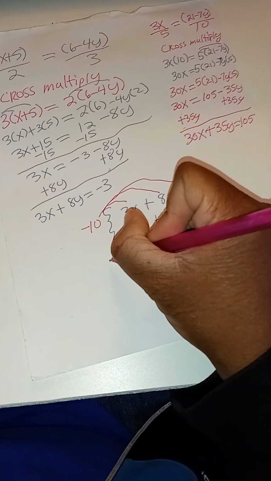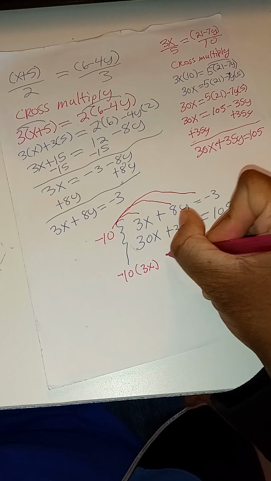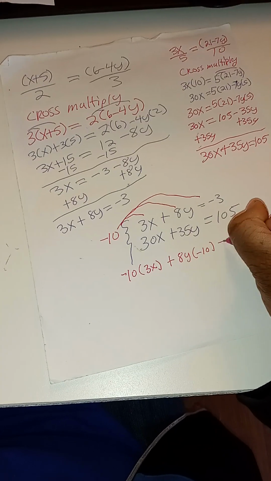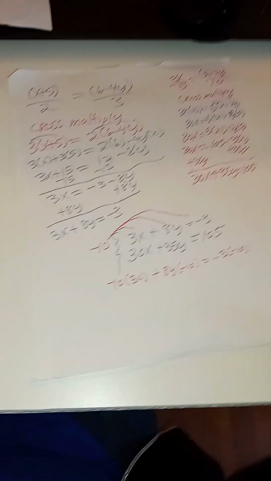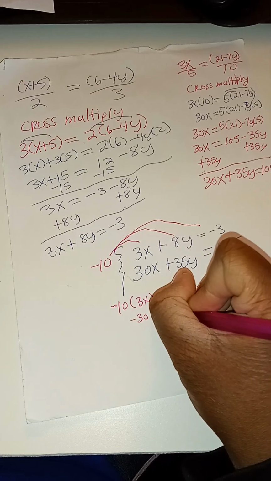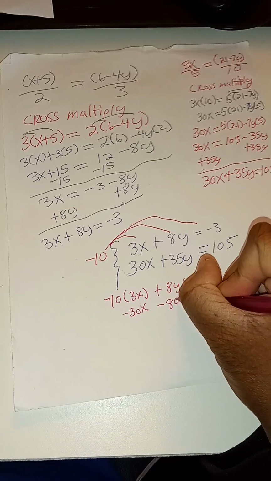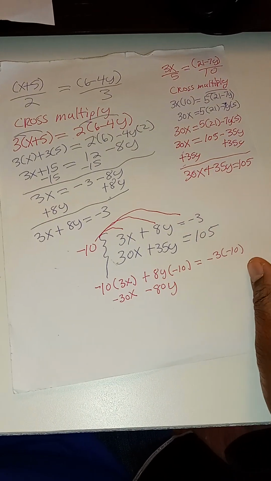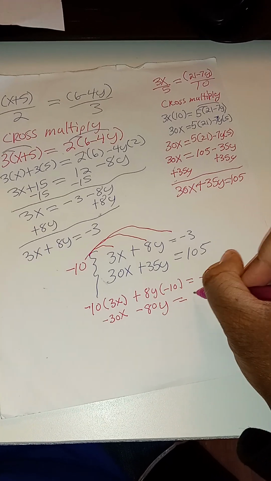So it's going to be negative 10 times 3x plus 8y times negative 10 equals negative 3 times negative 10. Okay, and so that's going to turn into negative 30x minus 80y is equal to 30.